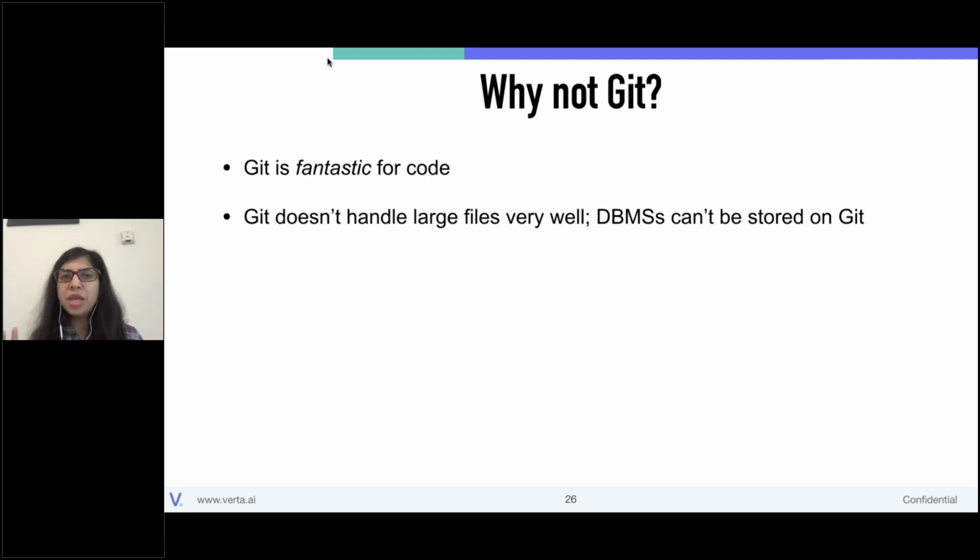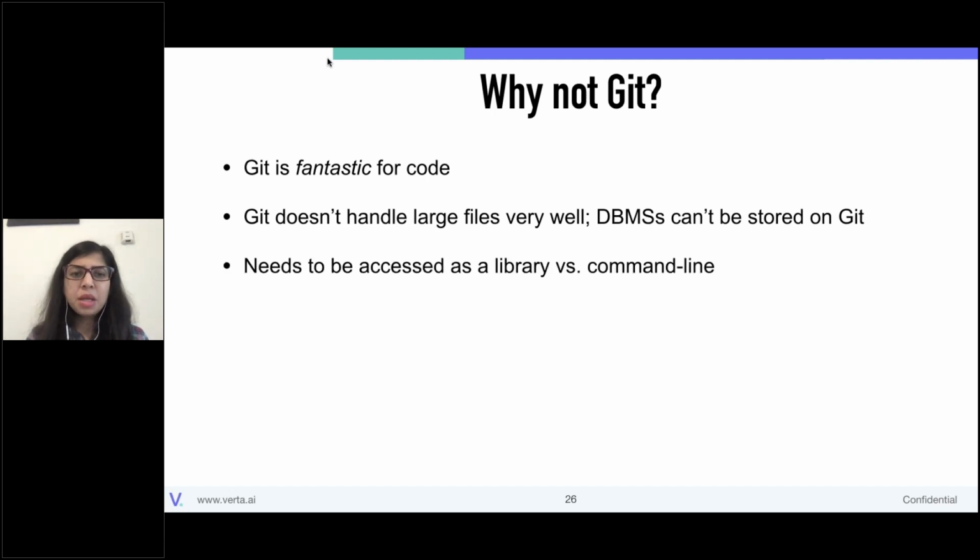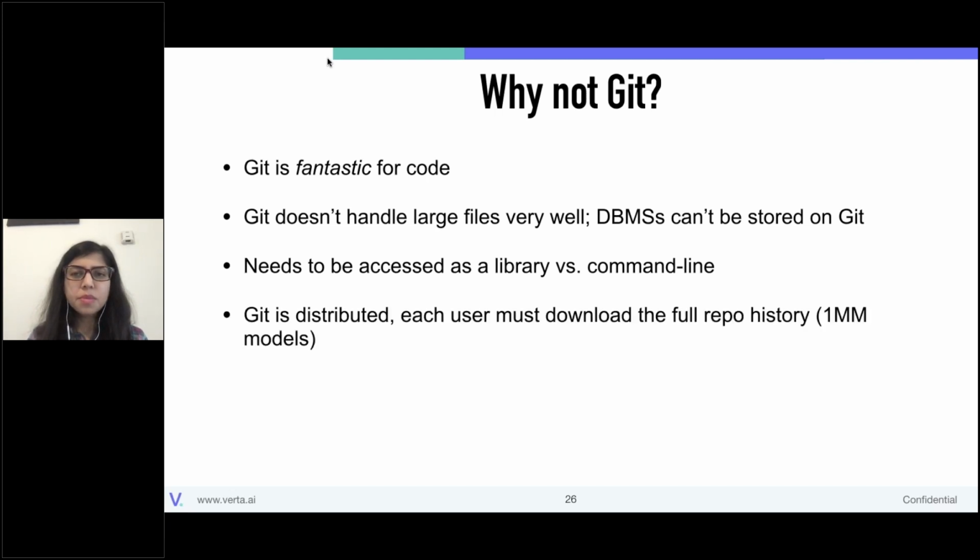Git LFS maybe, but most of our systems store data on S3 or in databases, and those don't interact well with Git. The second one has to do more with the ML workflow, where a lot of data scientists are not working at the command line, they're working in their Jupyter notebooks, and whatever versioning system we adopt needs to be accessible as a library, along with being accessible as a command line.